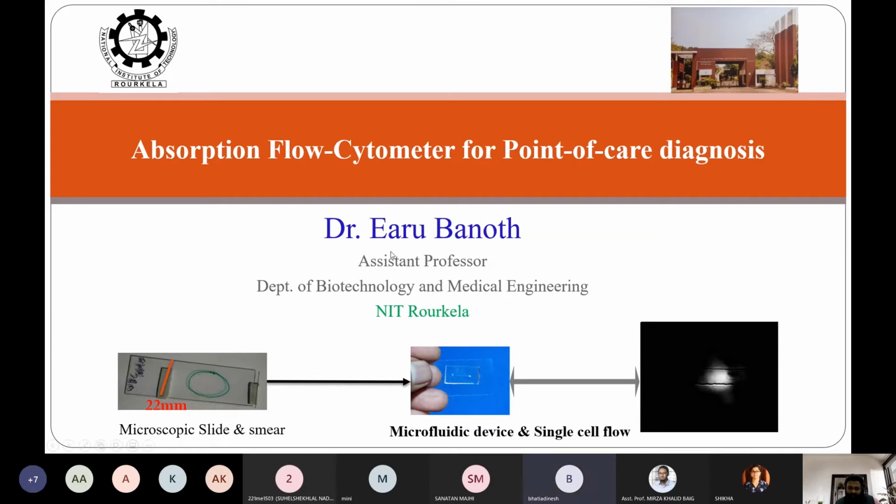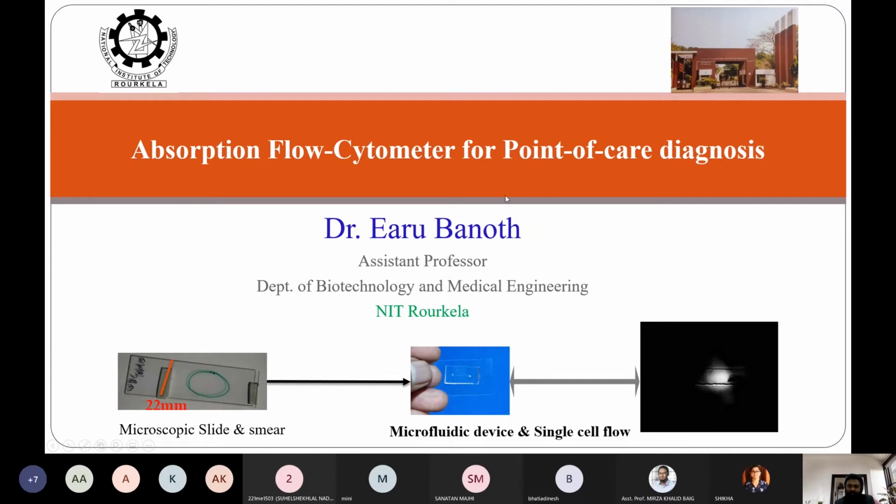So for that, I have utilized this microfluidic platform. So the design and development of a single cell flow microfluidic device, and then the realization of the point of care device.